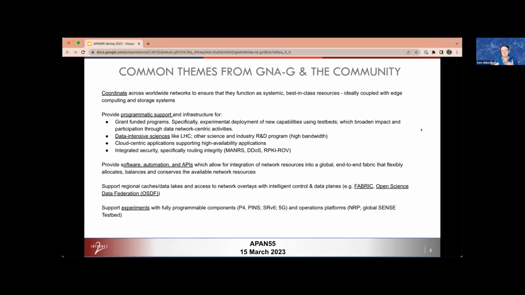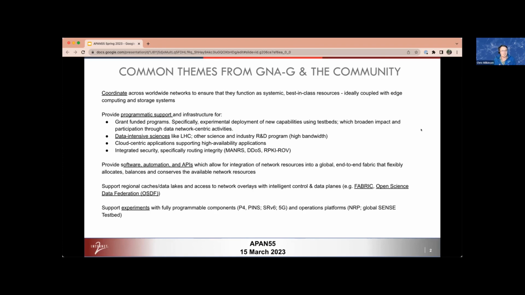So I always like to start with a good baseline. These are the common themes that we hear over and over from the GNAG and the larger community, that we all want our worldwide networks to be able to coordinate and function as a system, to provide best-in-class resources that can couple not just network, but also edge computing and storage.